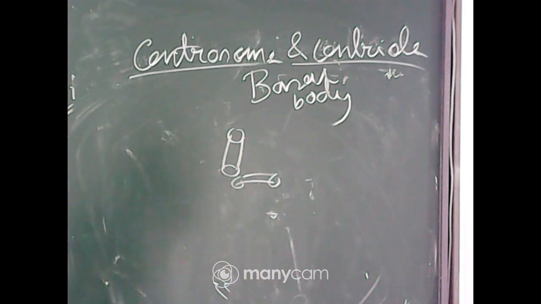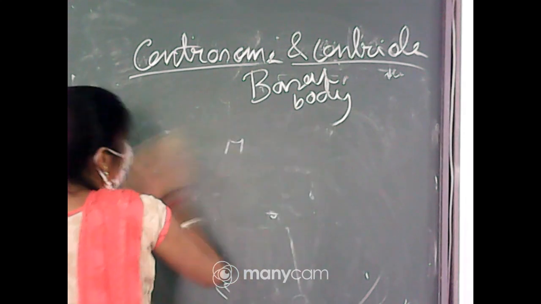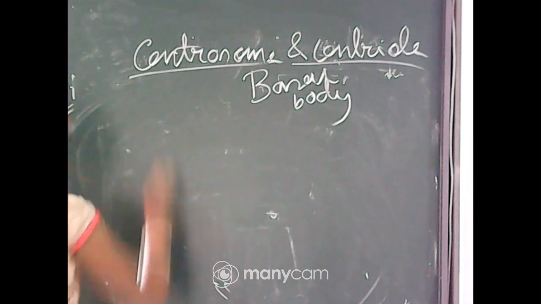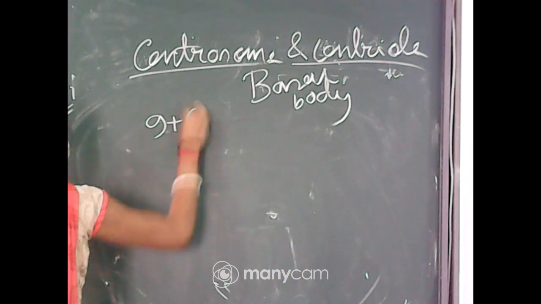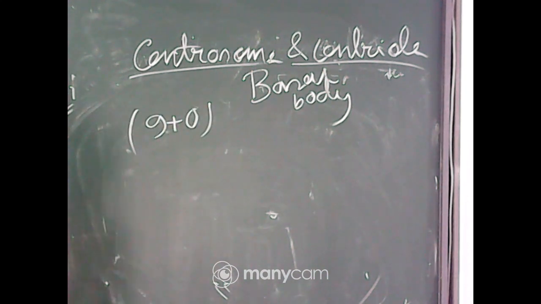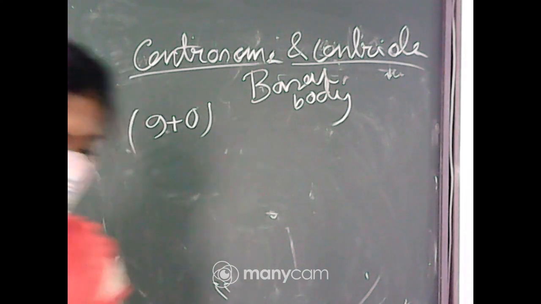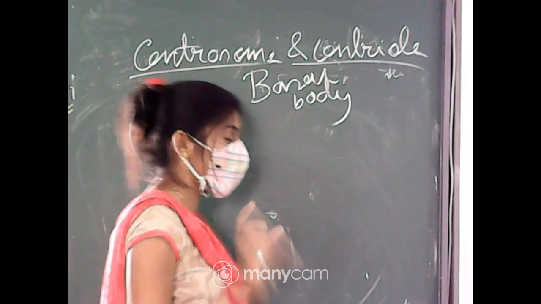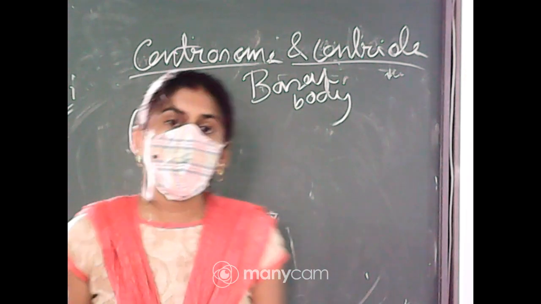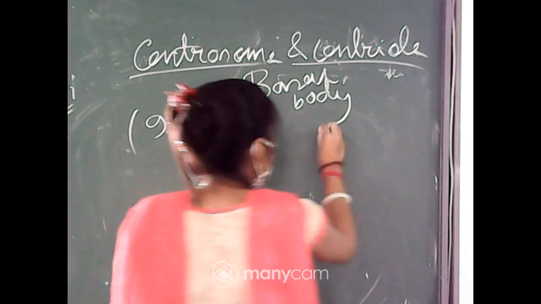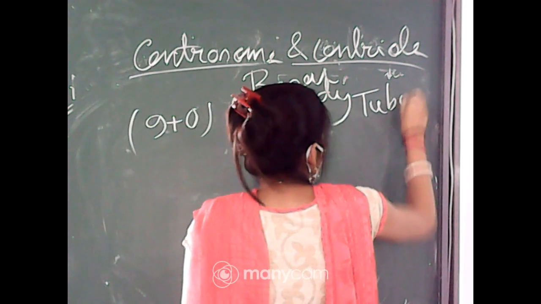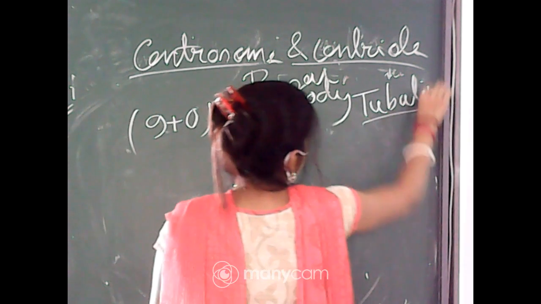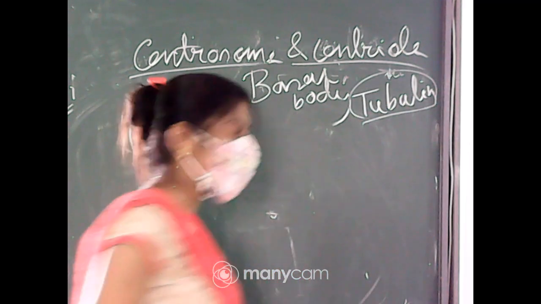Now they show a cartwheel-like arrangement, a 9 plus 0 arrangement. That means it is made up of 9 peripheral fibrils made of tubulin protein, as you know microtubules are mainly made of tubulin protein.